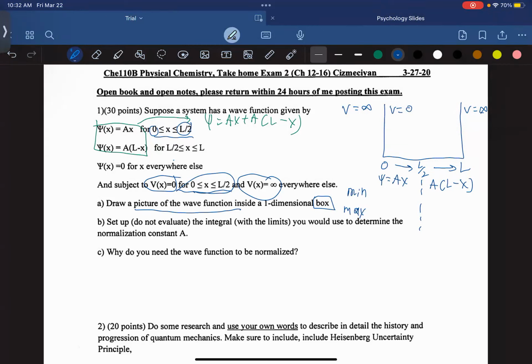Right, because we have these bounds, we can do that. So our minimum x is 0. So a times 0, so 0. Then our maximum is L over 2. So a times L over 2 equals aL over 2. I know it seems kind of redundant. It made me feel more comfortable when I was taking this class.